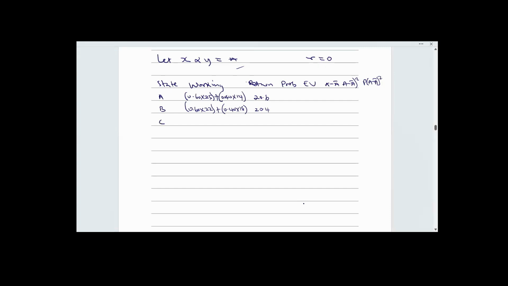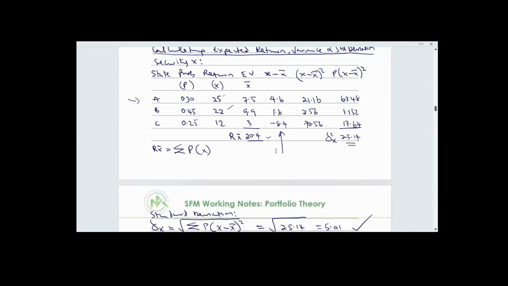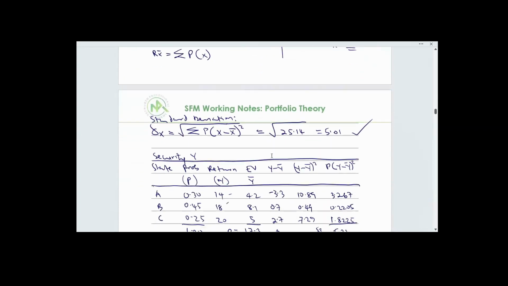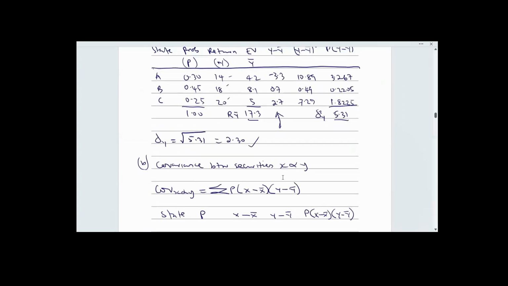State C, 0.6 multiplied by the return of security X under state C, which is 12. Then the return of security Y under state C is 20. So 12, 20.